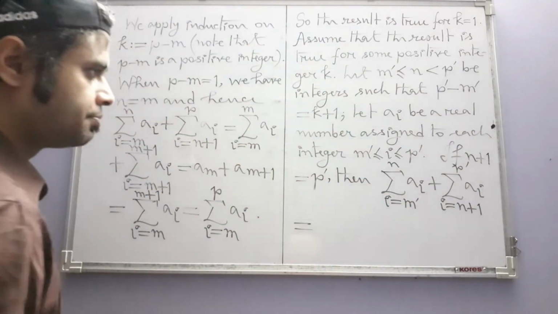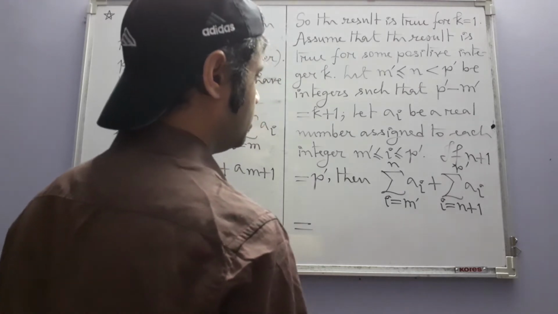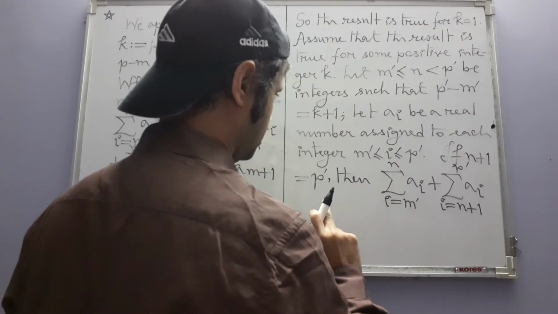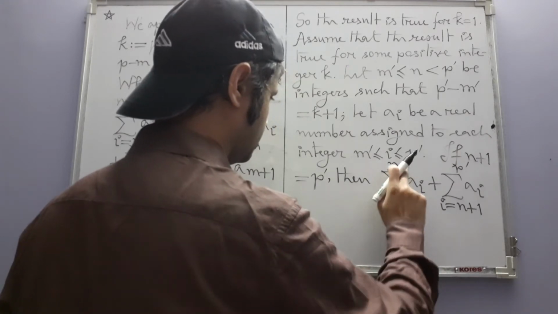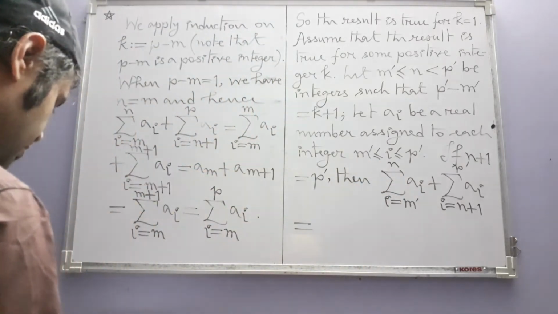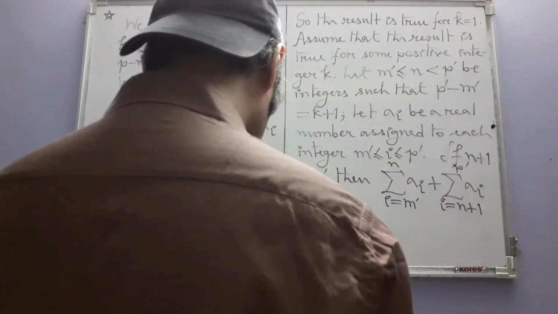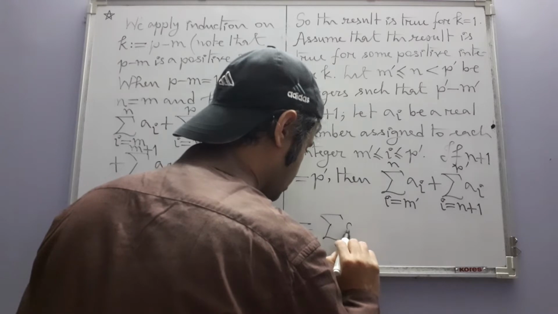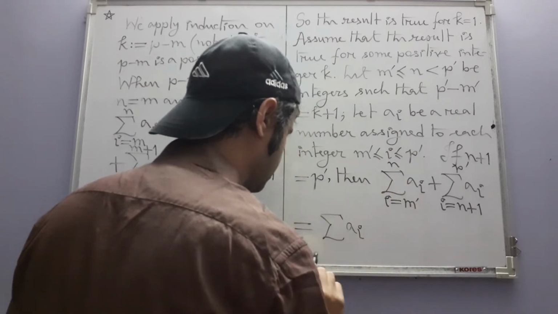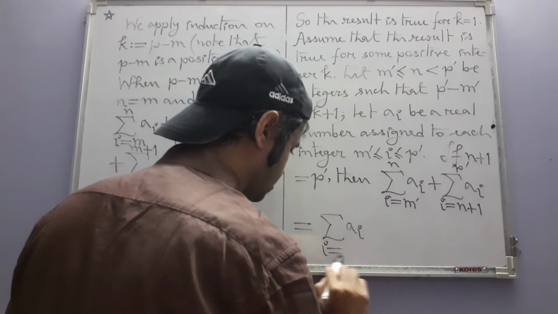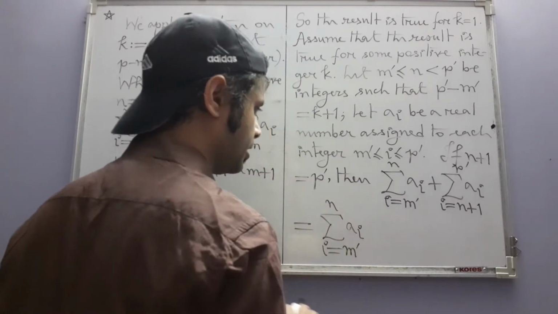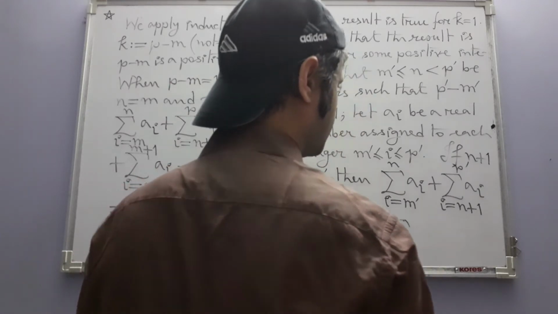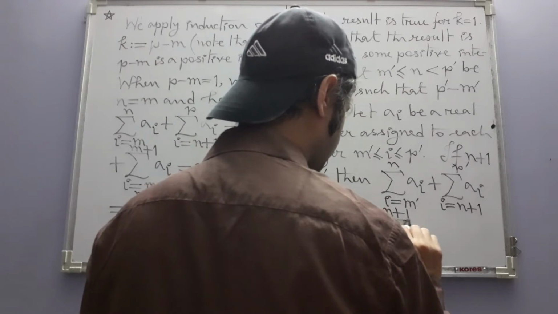This first sum is something we are keeping, because we cannot just simply write something else in place of this, not yet. And here in place of p prime we can write n plus 1, because that is the case.